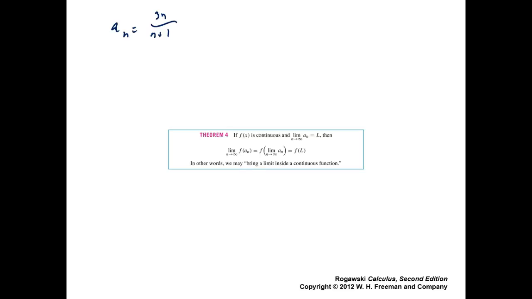It says apply theorem 4 to this sequence and to the function. The first of these functions is going to be f of x is equal to e to the x.